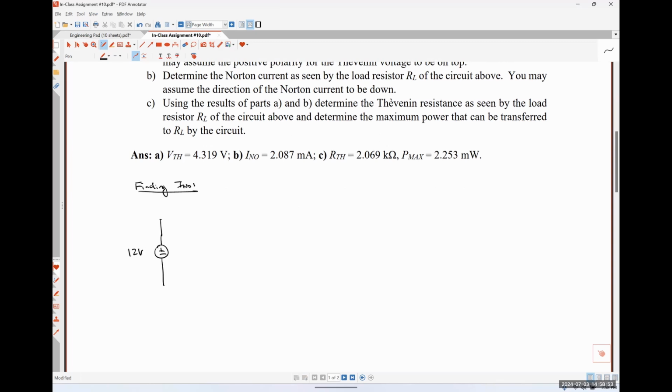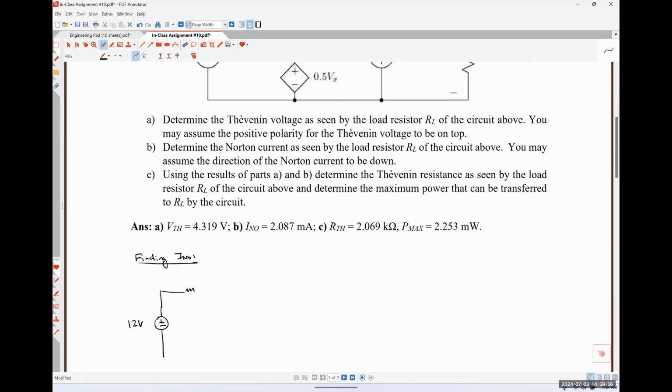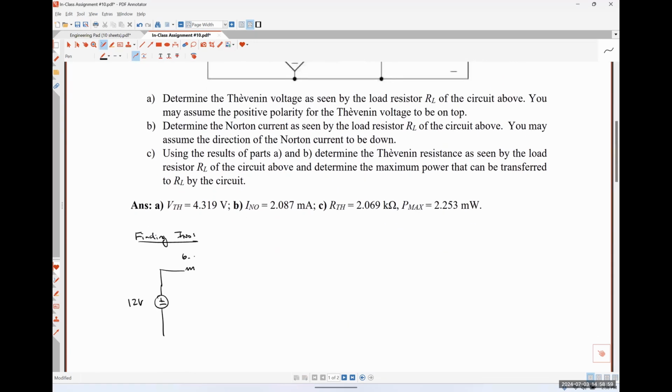So we've got our 12-volt source, 6.3 kilo ohms. There's our short. Here's our dependent source, 0.5, sorry, VX. I believe this is 2.8 kilo ohms. 2 milliamps, 1.1 kilo ohms.